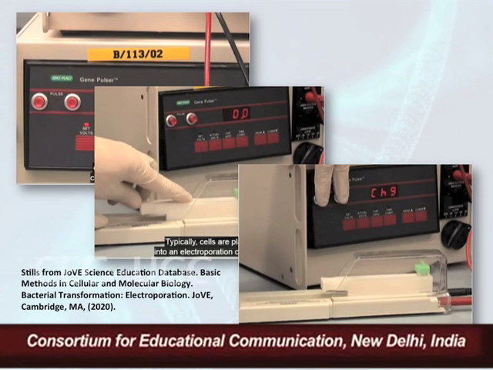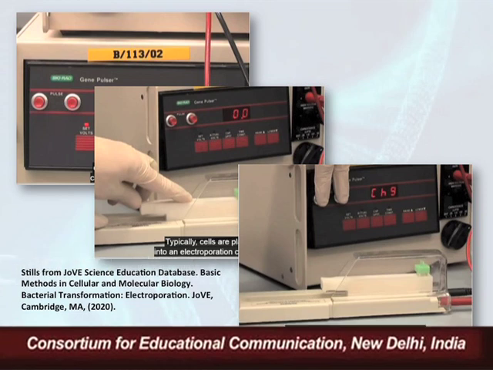This is how an electroporator looks. You have this machine with two buttons from which you can give the pulse, and a window which records the time or the volts that have been given. Then there is a stand with a slot to introduce the electroporation cuvette.